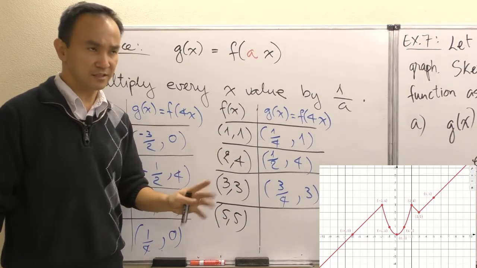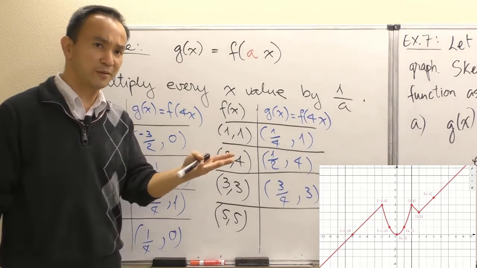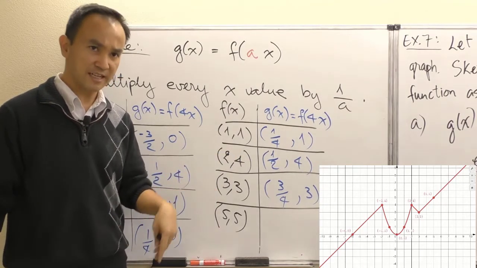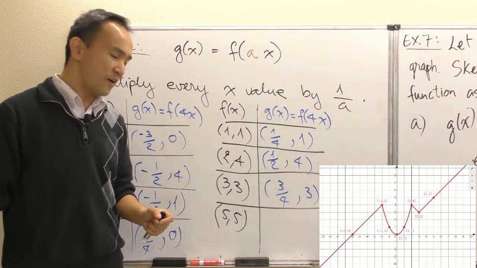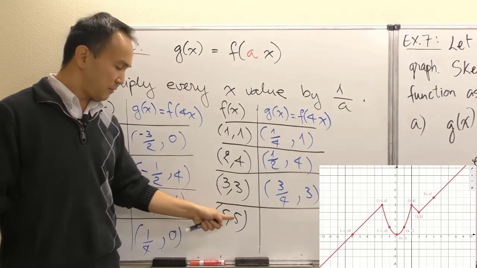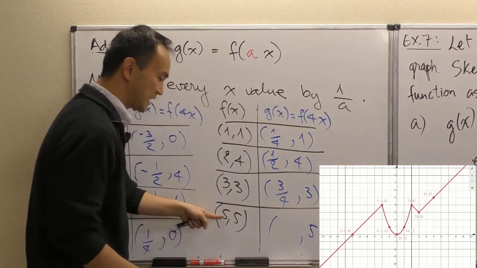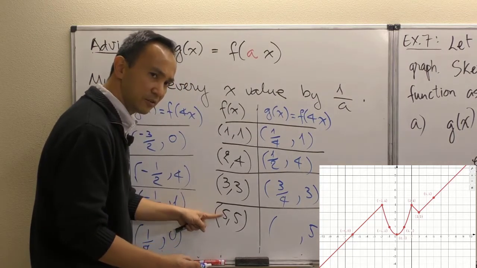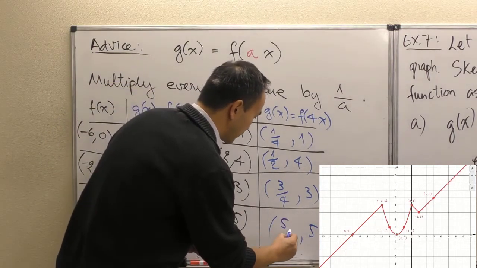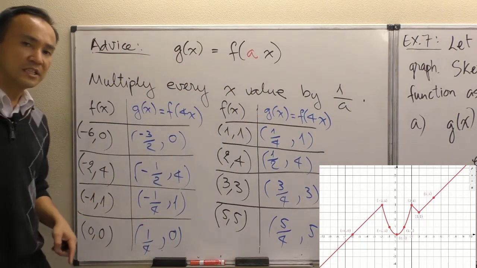I mean, it's an essential skill that at this point when you're in pre-calculus, it's a must that you are working fluently with fractions. 5, 5. So I have the y value 5 stays the same, but the x value being 5 originally, now it becomes 5/4. Okay. So these are all the points right there.